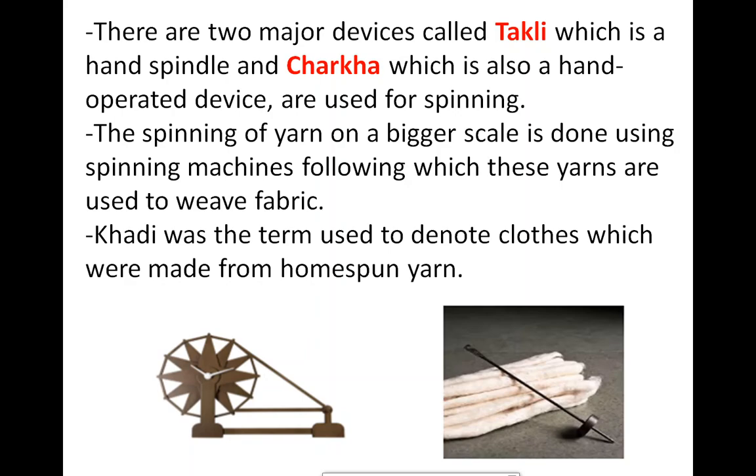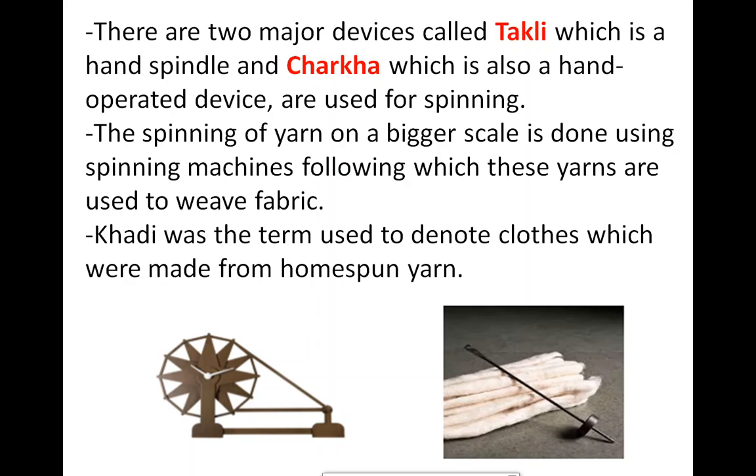Can anybody tell me who introduced the charkha, or who popularized it? Yes, Mahatma Gandhi. The use of the charkha was popularized by Mahatma Gandhi as part of our independence movement. He encouraged people to wear clothes made of homespun yarn and shun imported clothes made in the mills of Britain.